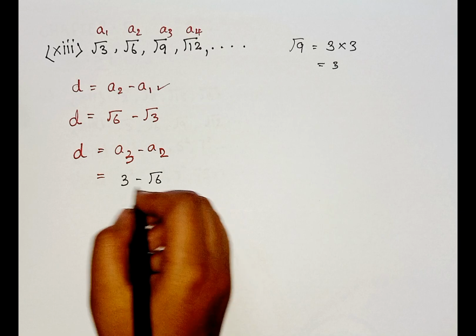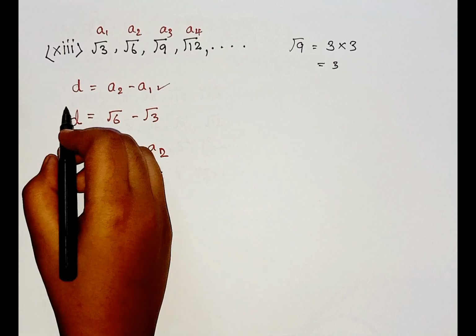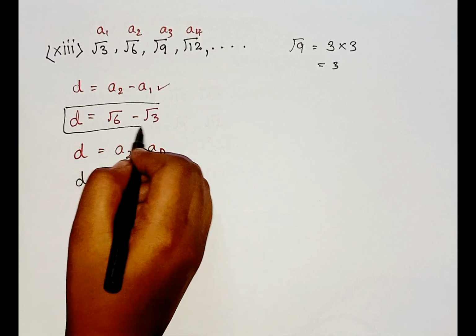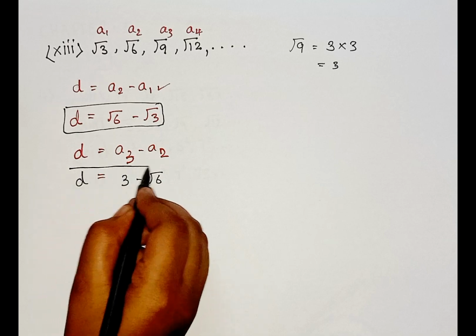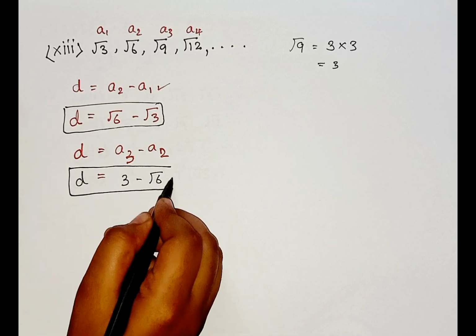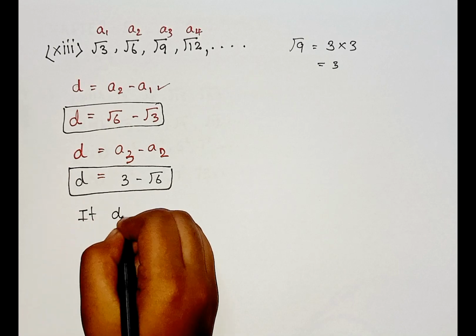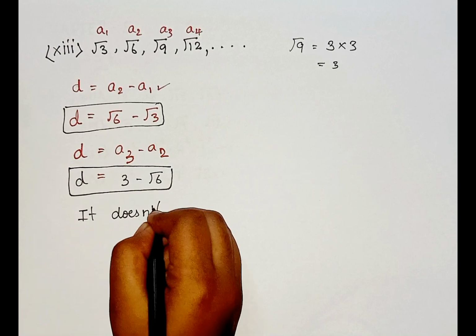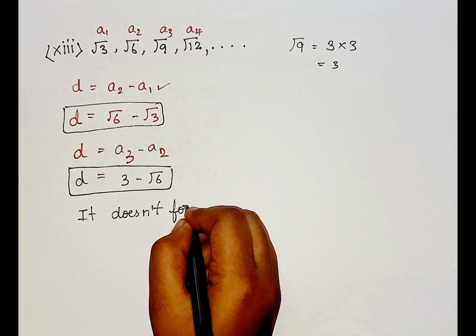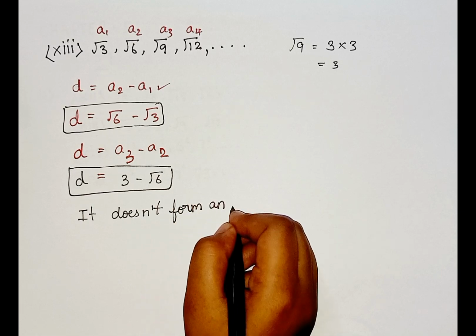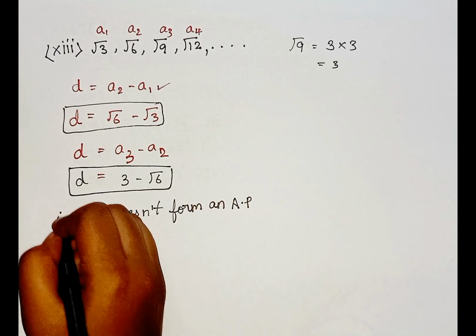Here also we can't actually solve it, so this is going to be a D value. Now the question is, are they similar? No guys, they are not similar. Since they are not similar, we can write it doesn't form an AP. Okay, so this is going to be your answer.